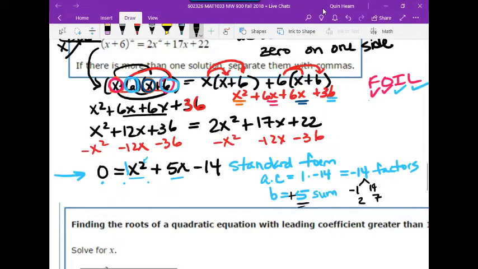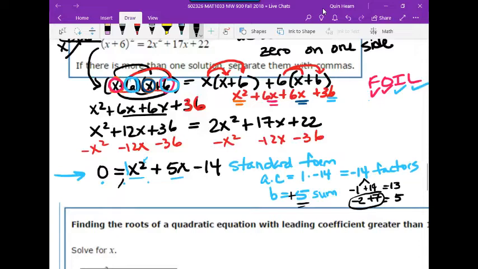So we're going to say, what if we had negative 1 times positive 14? Well, that would add up to positive 13, which is not what we want. But if you added negative 2 to positive 7, very good, Christina, then you would get positive 5. So we're going to use negative 2 and positive 7.